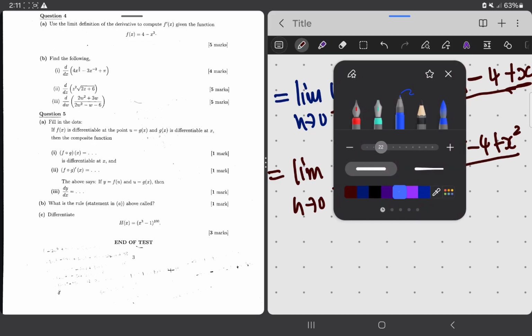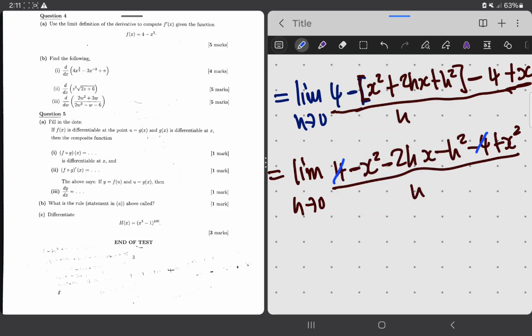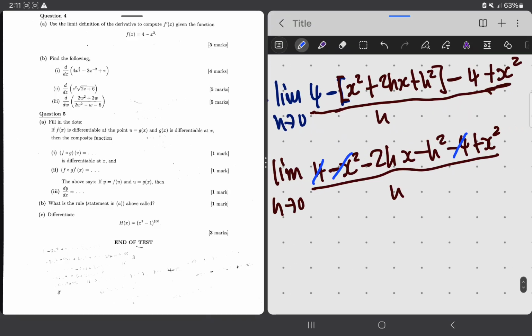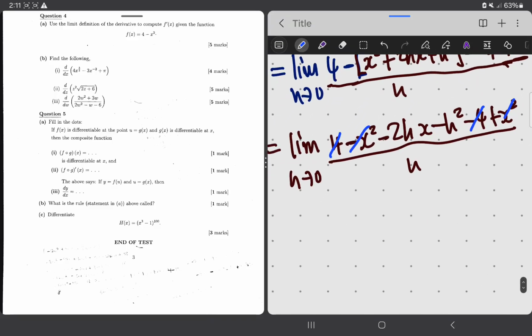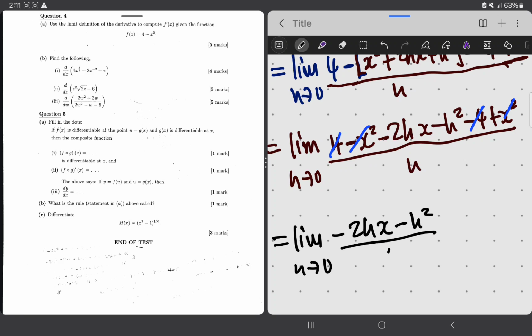Now let's check. 4 and minus 4 will cancel. Negative x squared and plus x squared will cancel. Then we remain with the things with h only: the limit as h goes towards 0 of negative 2hx minus h squared all over h.